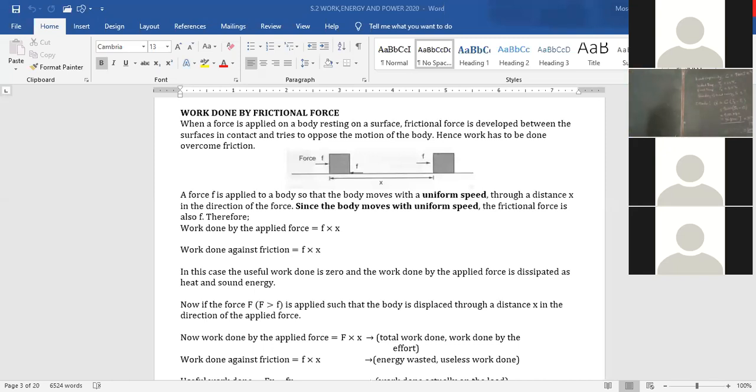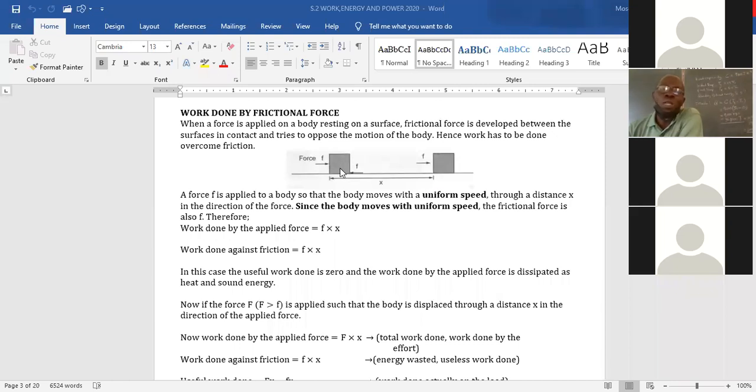So we usually have a very simple illustration. In your notes there, you see a surface, a body, a box, and a force acting on it. That force is trying to drag the body through a distance x.